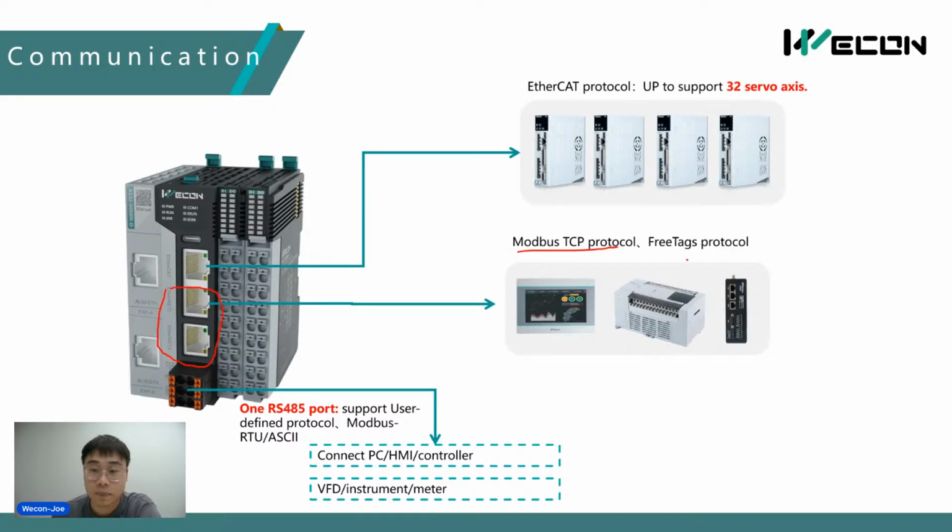Some products will support free text protocols, and there is only one RS485 serial port. It can be connected to a PC, HMI, or controller by user-defined protocols or Modbus RTU and Modbus ASCII.